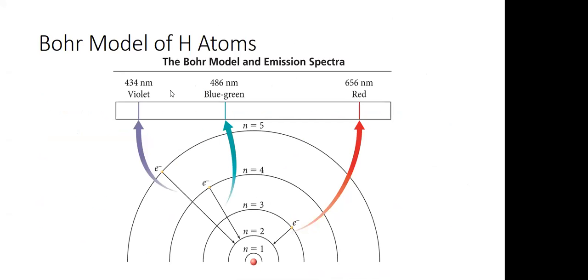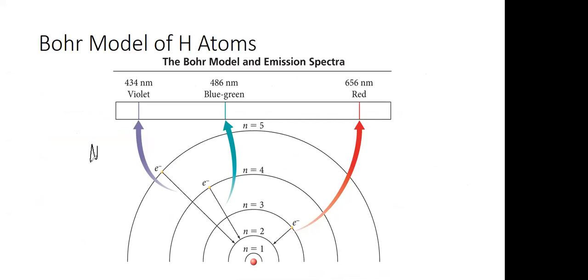All right, and this is the Bohr model of the atom. So Bohr took the work of Rydberg and all this emission and absorption spectra, and he created a model of how the atom looks. Now, let me just make a disclaimer.